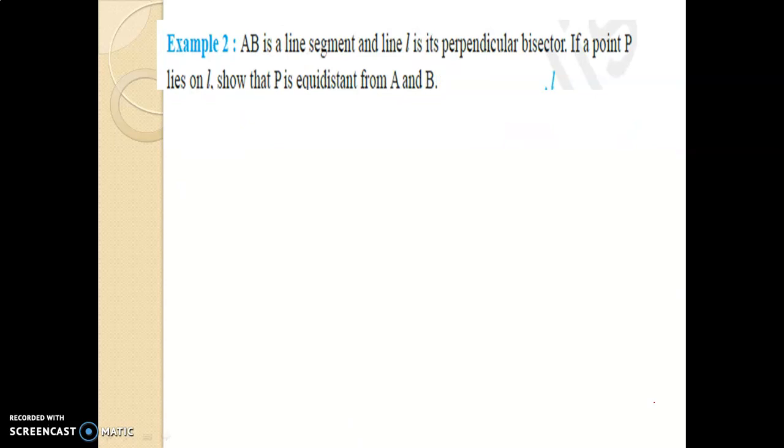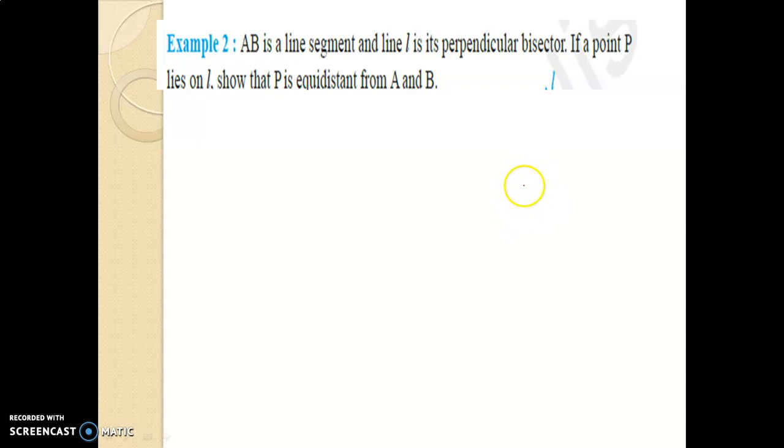AB is a line segment, and a line L is its perpendicular bisector. If a point P lies on L, show that P is equidistant from A and B. Actually, the diagram is not given, we are going to draw the diagram. So AB is a line segment and L is its perpendicular bisector.